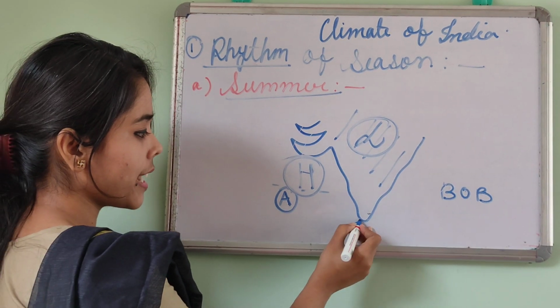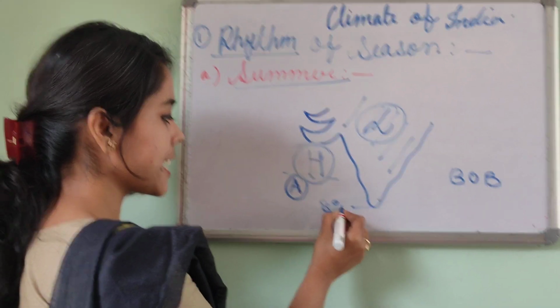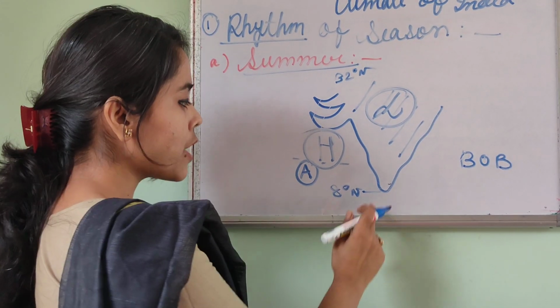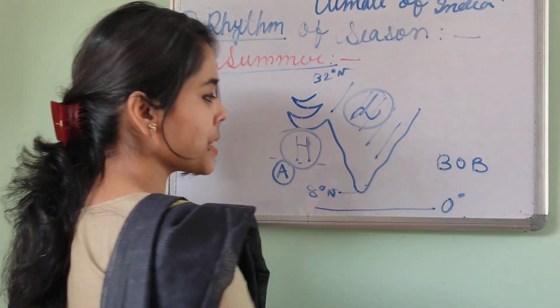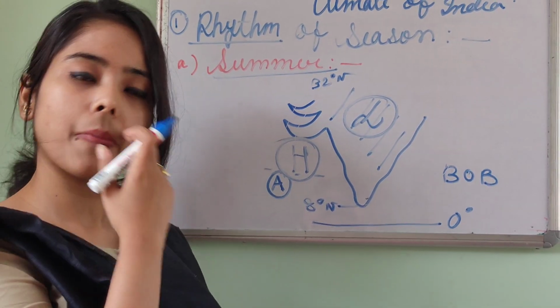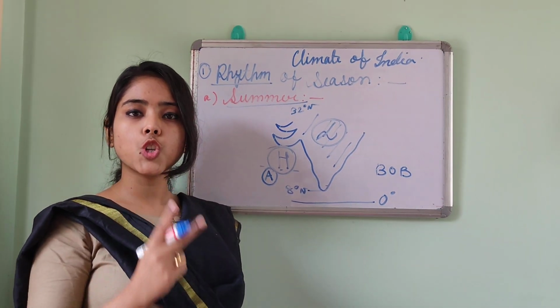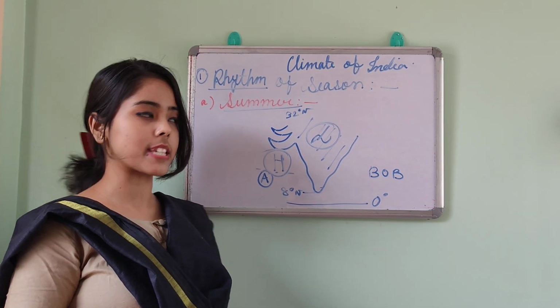Now, we know the latitudinal extension of our country. It is 8 degree north to 32 degree north. And we know below this great circle, that means the equator, is situated. We have already learned about two main trade winds, that is northeast and southwest.